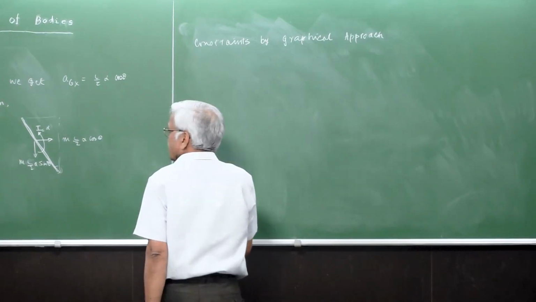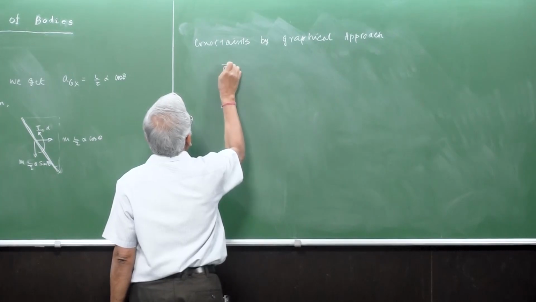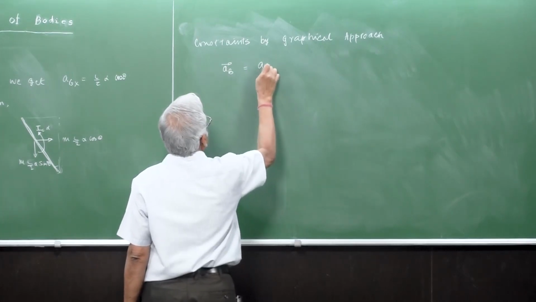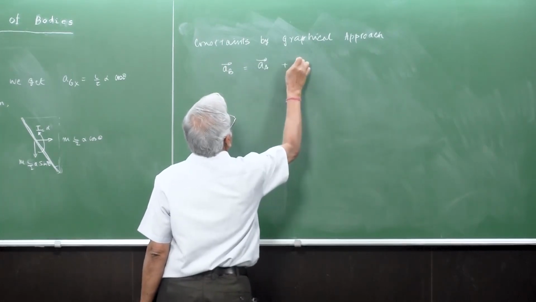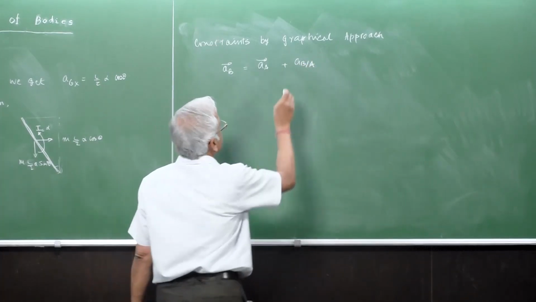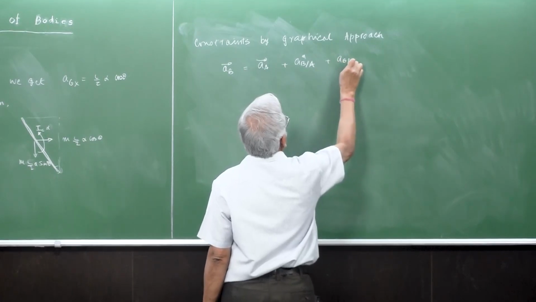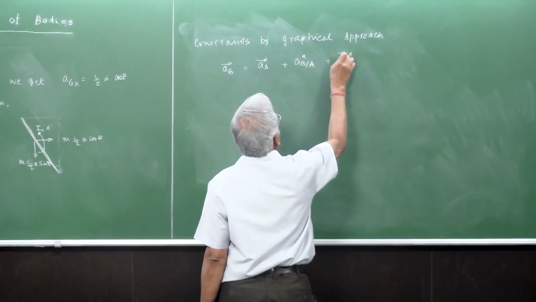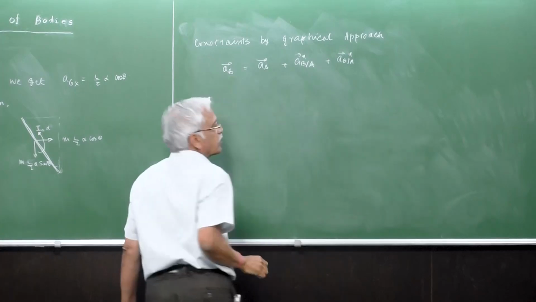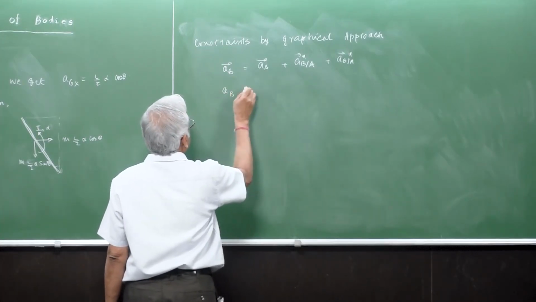So we relate A and B. For example, the acceleration of B is the acceleration of A plus the acceleration of B with respect to A, with two components, the normal and tangential components. So this is the graphical approach.